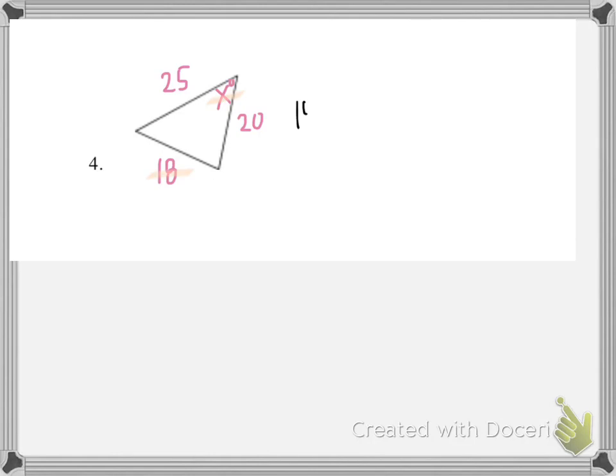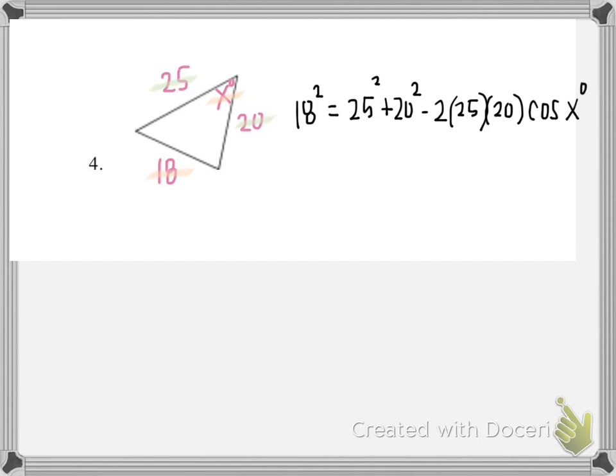So 18 squared is equal to the squares of the other two sides: 25 squared plus 20 squared minus 2 times 25 times 20 times the cosine of x. Remember, this angle has to be opposite that side on the other side of the equation.